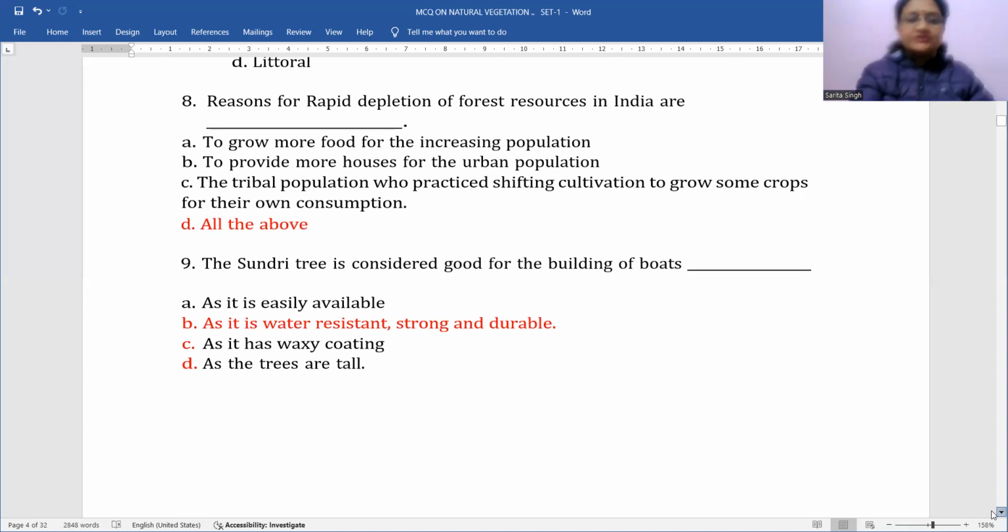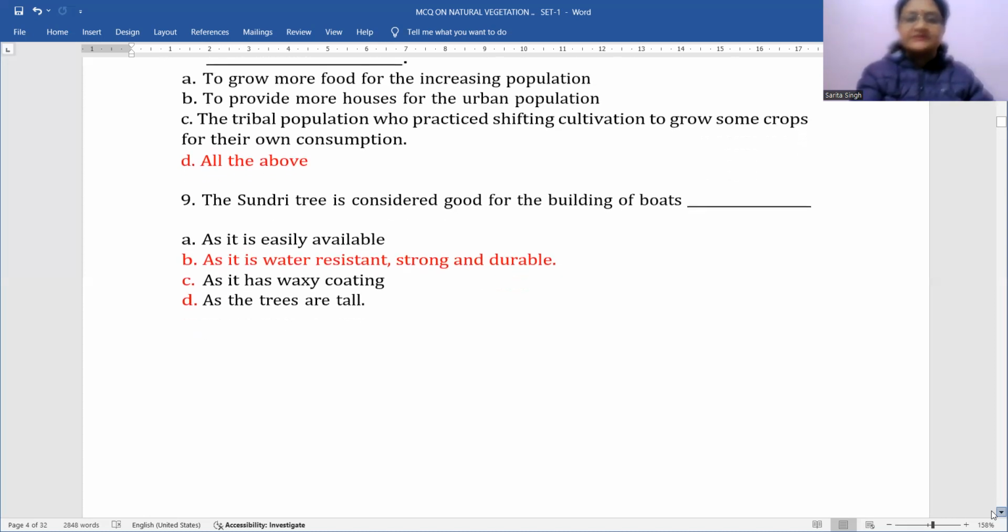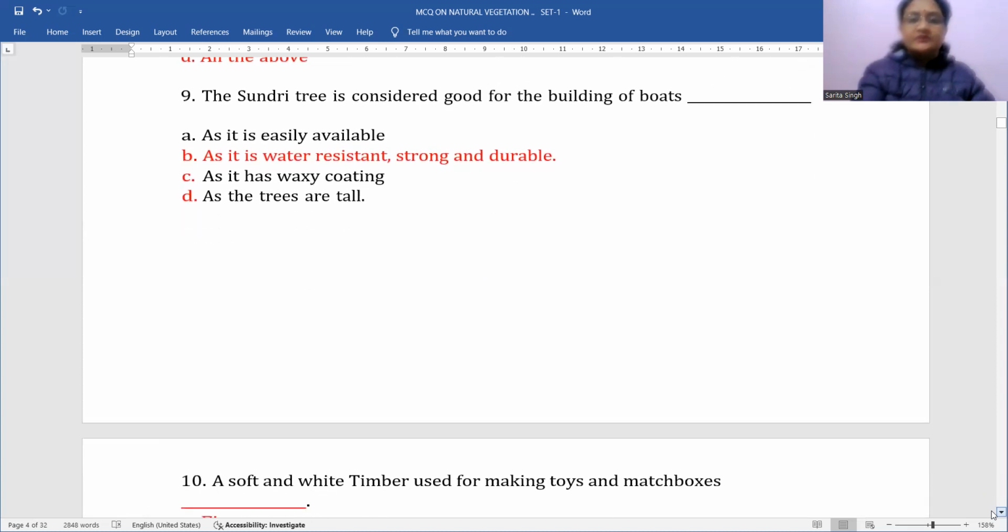Okay, next question, children, the sundari tree is considered good for the building of boats.